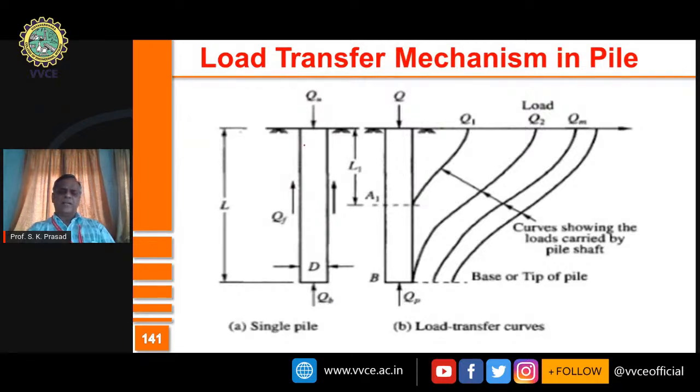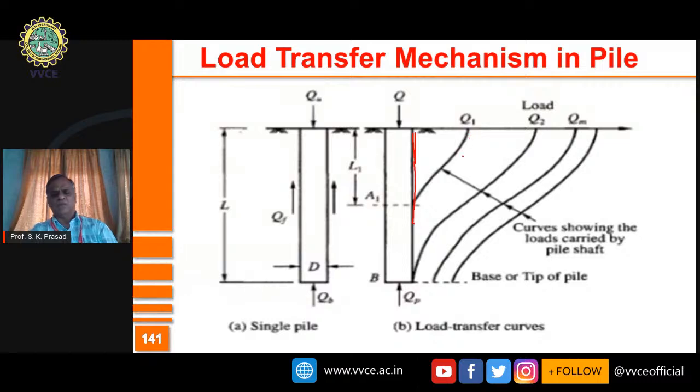You should understand, you have a pile, you start applying the load. When the first small load is applied, initially the load is carried along the skin, along the top portion. And when the load is increased, then slowly shear is mobilized in the other parts of the pile.